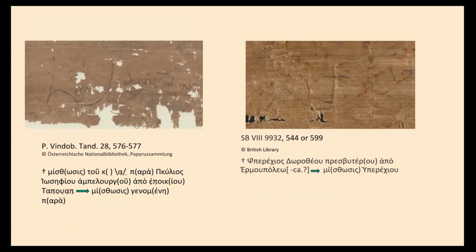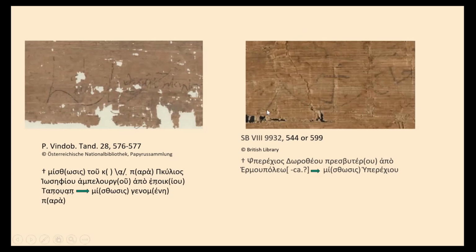And here you can see some examples. In this document, the editor read Misthosis, mist kappa something, para. But as you can see here clearly on the slide, we are dealing here with a cross, so Misthosis, and here we have the word genome in abbreviation, which was a typical formula for endorsements in the second half of the 6th century.